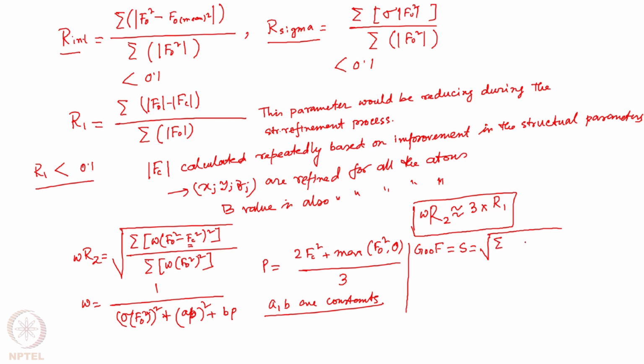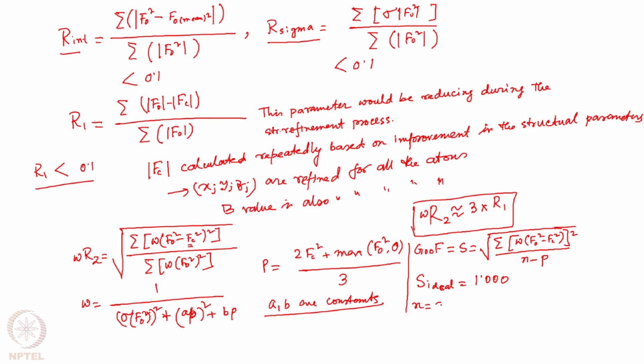It is calculated as the square root of the sum of w into Fo square minus Fc square, the whole square of that, divided by N minus P. So S for an ideal structure solution is 1.000.